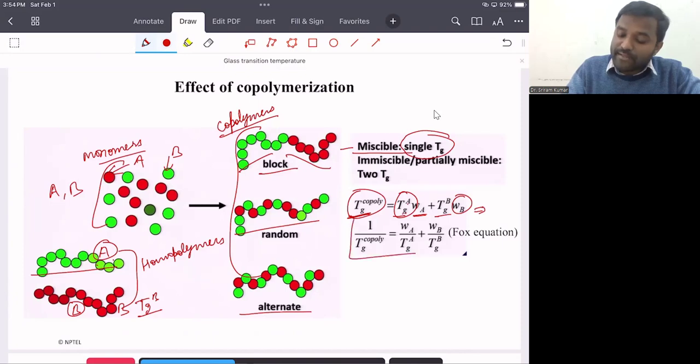However, this second relation is more accurate as compared to the first one based on the experimental data.